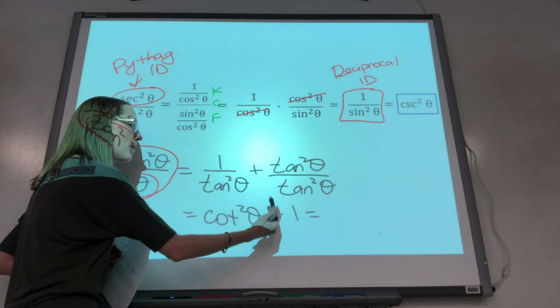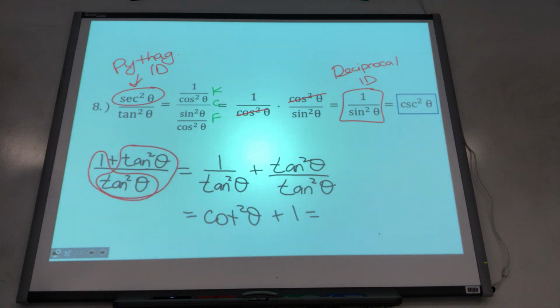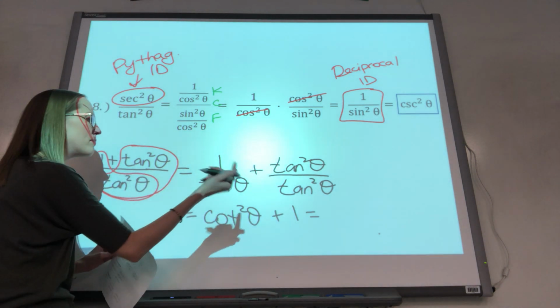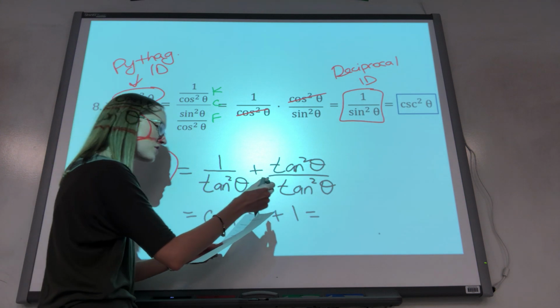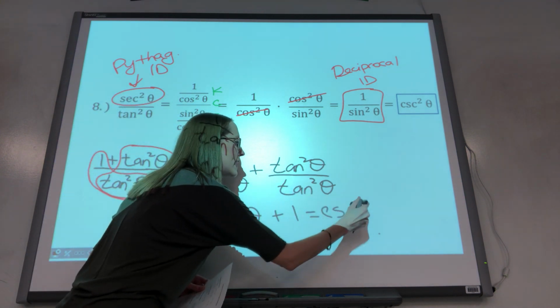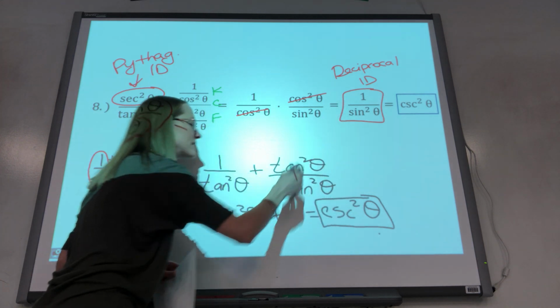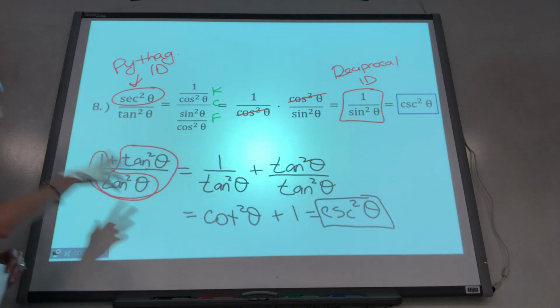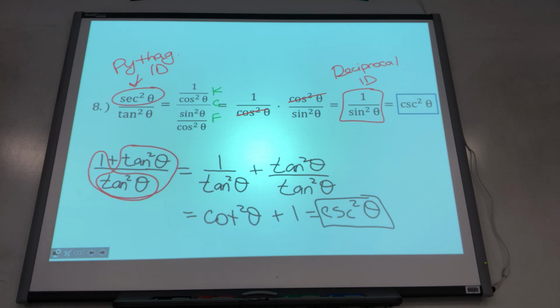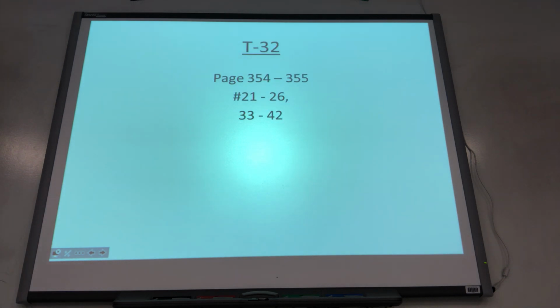Cotangent squared plus 1. It's actually in the other order on handy dandy, but that's fine. Cotangent squared plus 1 is cosecant squared. So again, you get the same answer, but those were two completely different ways to do the very same problem. All right, feel free to use whichever one of those you like better.